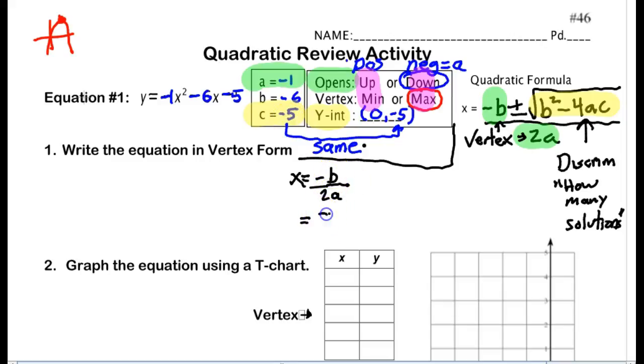So we have negative, and use parentheses here if you want to catch the double negatives, over 2 times -1. Then we have negative -6 is 6, and 2 times -1 is -2. So 6 over -2 is -3. So that let me know the x-coordinate, right? The x-coordinate of the vertex is -3.